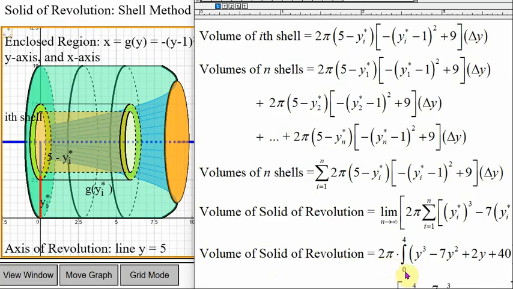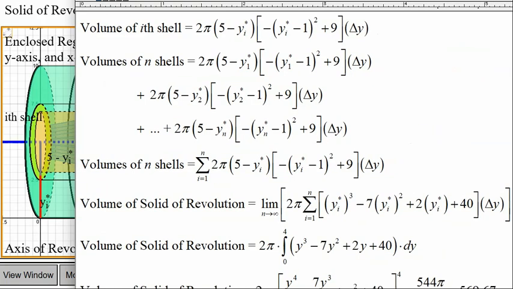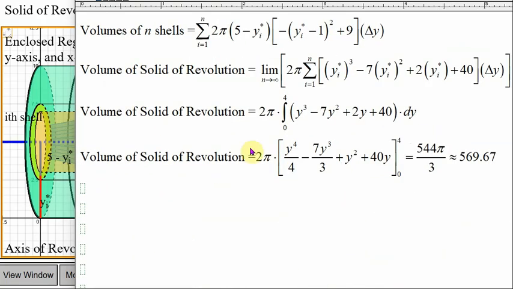That's why the integral here is from 0 to 4. The integral of y to the third is y to the fourth divided by 4. For 7y squared it is 7y to the third over 3. Here we get y squared, and here we get 40y.